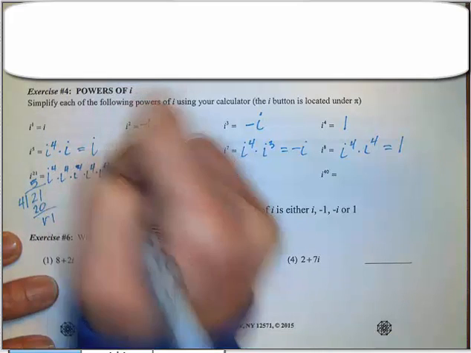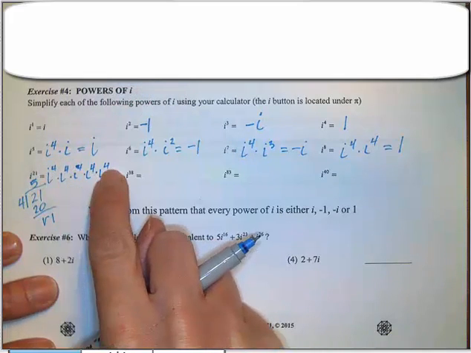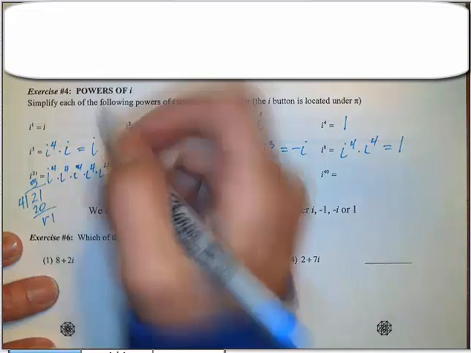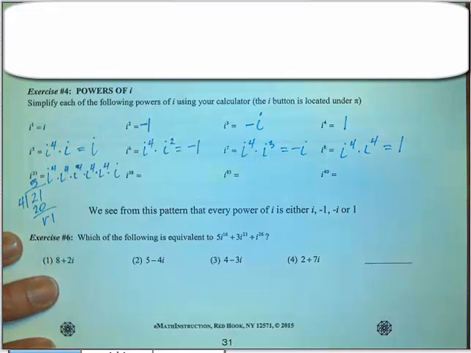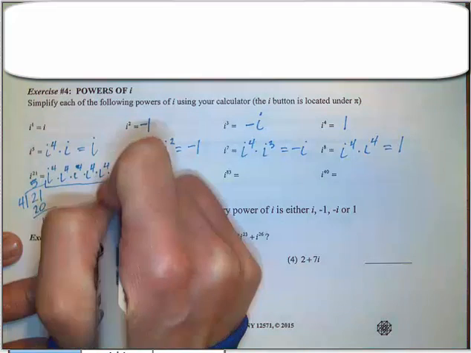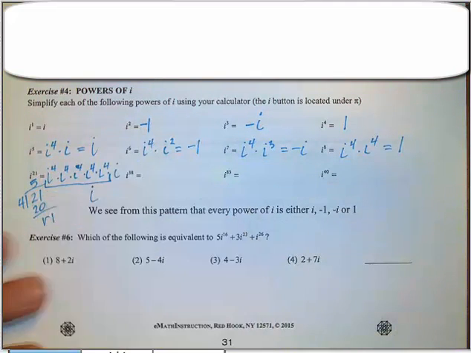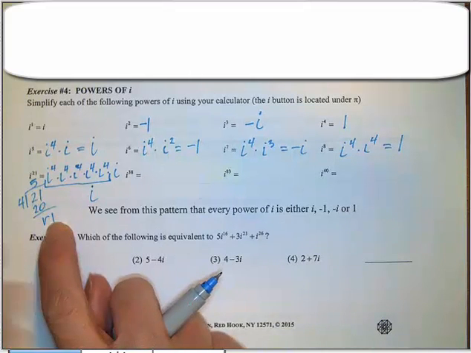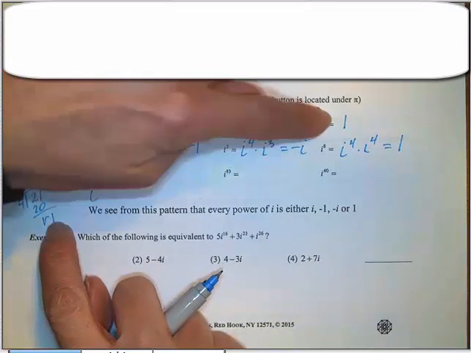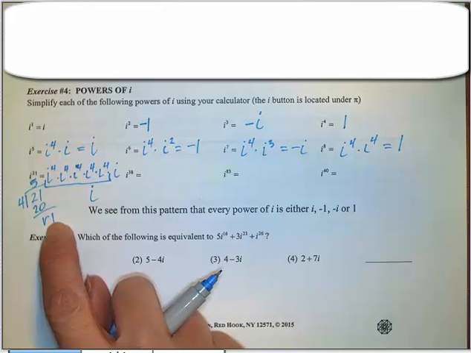Because 4, 8, 12, 16, 20, because when I multiply it, add the exponents, times a single i. Well, I know that all of these equal 1. So 1 times i is just i. So if you just use the remainder to tell you which power to use, then you're good to go.